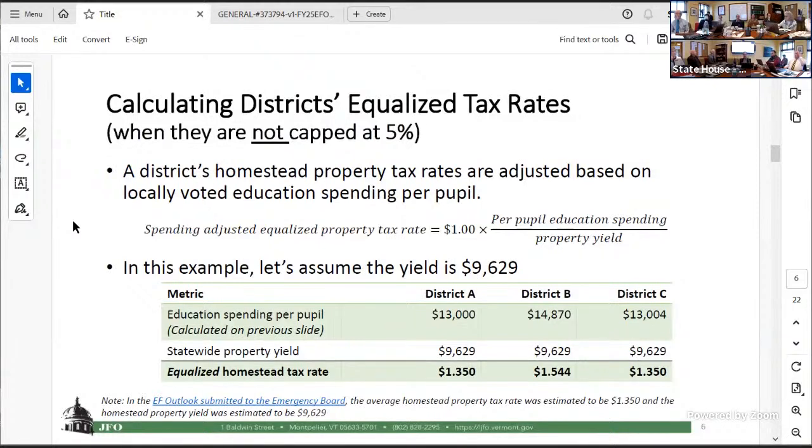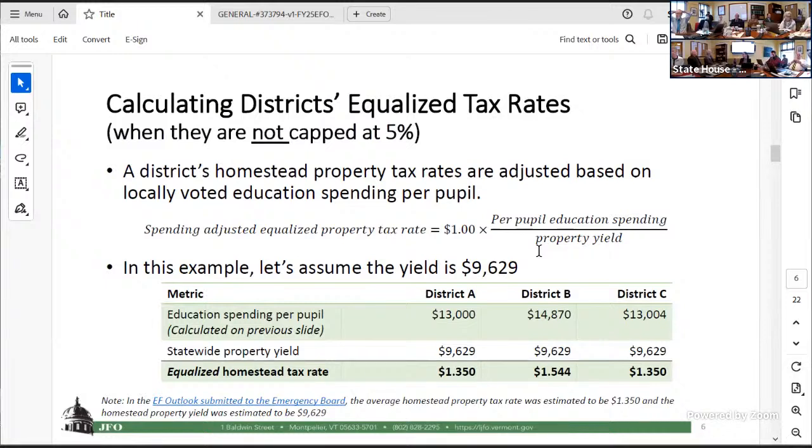So if a district's spending per pupil is below the yield, when looking at the equation, if this is less than that, then if there were not to be a minimum, they would have a rate below $1. But what's written into statute is that a district's homestead property tax rate cannot be lower than $1. So it's $1 or above $1 if that reflects their spending per pupil.